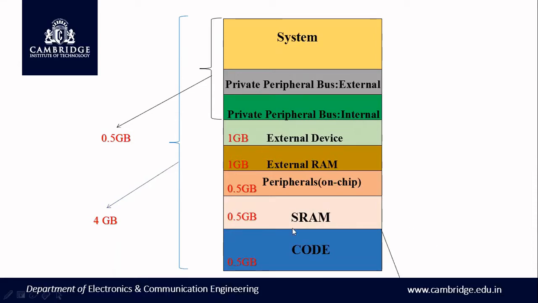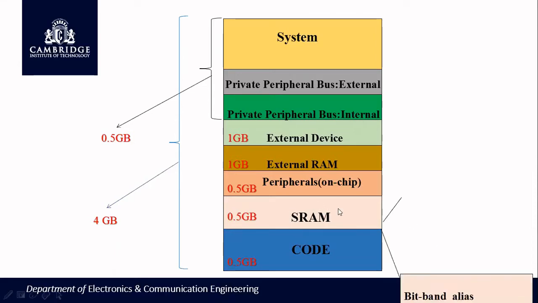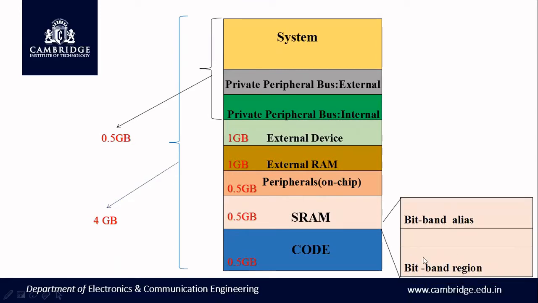As I told you, SRAM region supports the bit band feature, which means you can operate the data stored in this region at bit level. So the initial 1 MB of memory is called the bit band region. Inside this 1 MB of memory, every bit can be accessed at bit level.